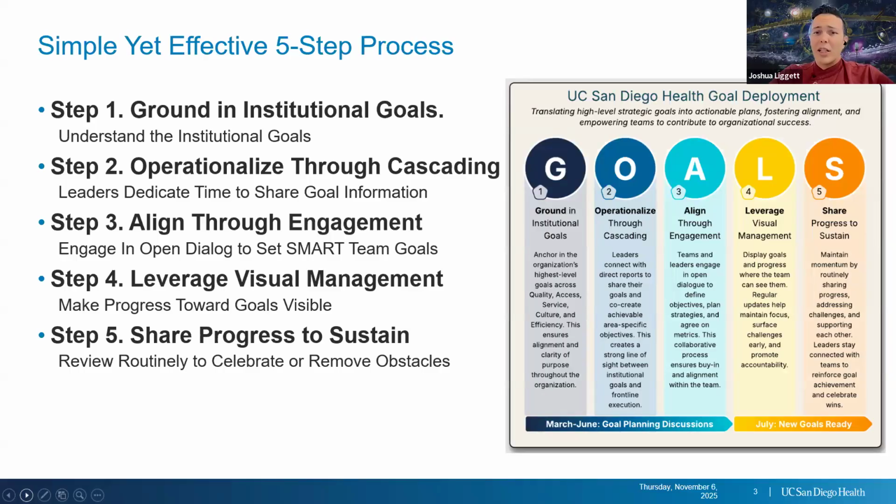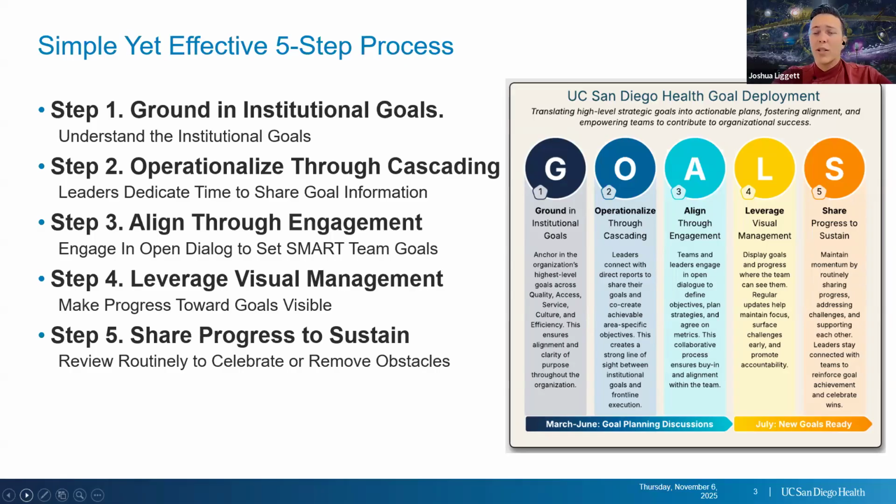Making sure you're having robust conversations and setting goals in a way that's meaningful, not just from the management's perspective, but as an open dialogue, so team members are able to contribute. Really working towards this SMART goal model that we'll talk about later.